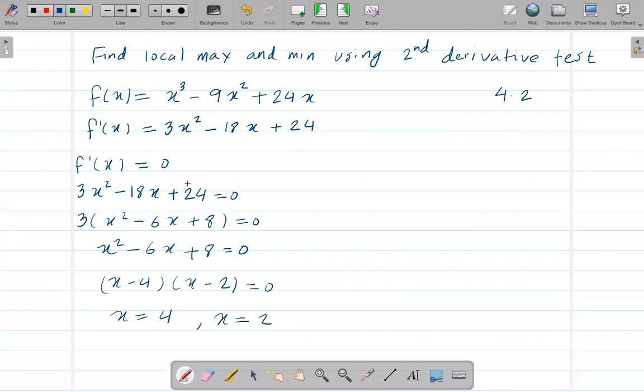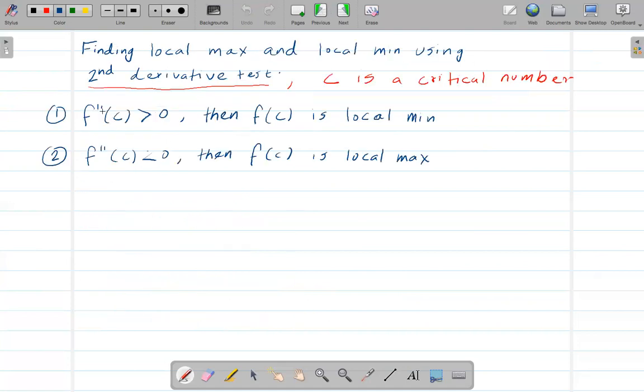Now after this, what we can do is, to find a local maximum and local minimum, take these 2 points and find f double prime at those critical numbers. If you get that positive, then it's a local minimum.